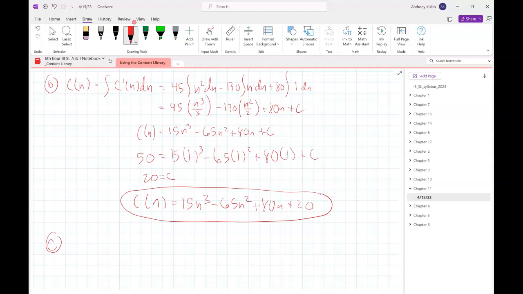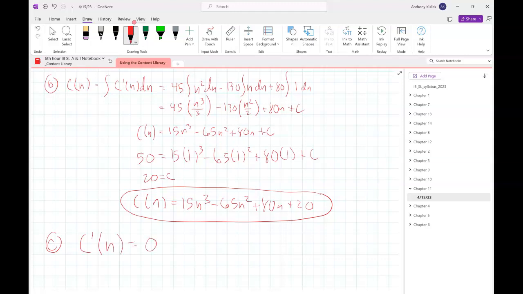And then lastly, it says find the minimum total production cost and then the corresponding production level. So how do we find the minimum for a function? I need the derivative equal to 0.